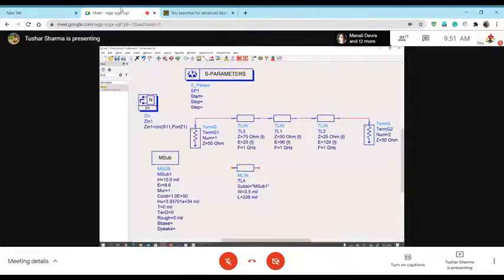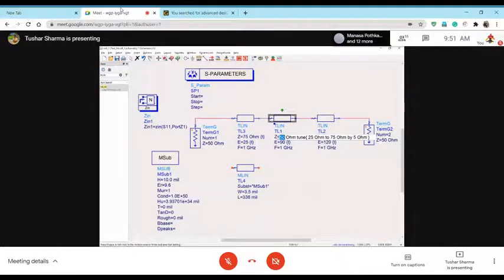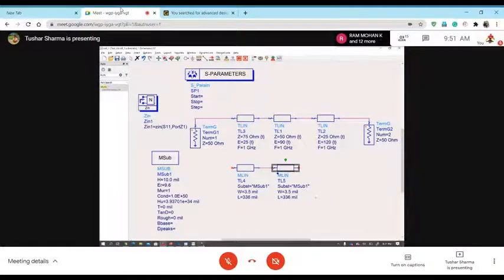Now 50 and 90. So tell me one thing, for 50 ohms Z, will the width be higher or lower than this line? I will share that formula, but the correlation is that width is usually inversely proportional to the characteristic impedance. So let's see if that is true.